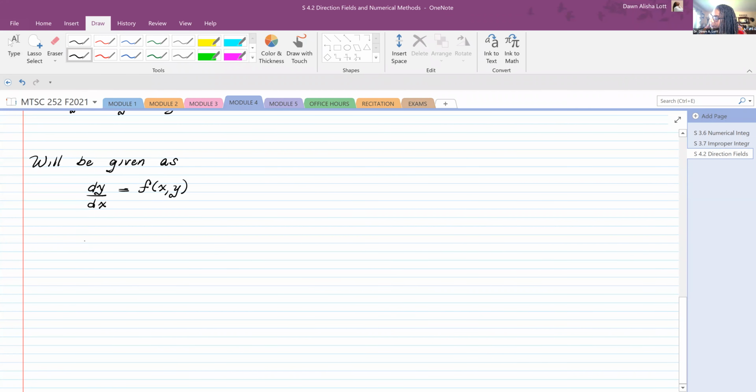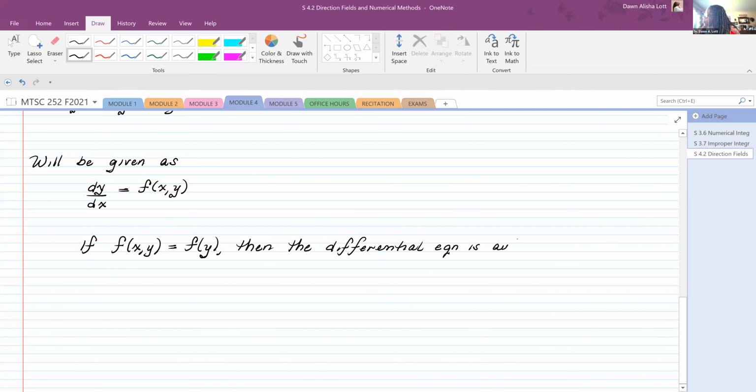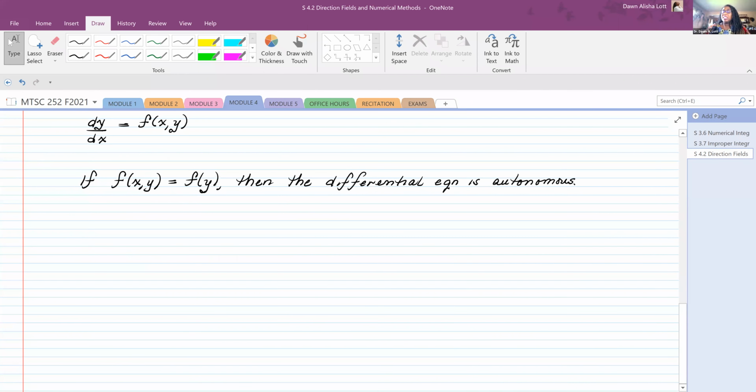Okay, so if f of x y is only a function of y, then the differential equation is autonomous.